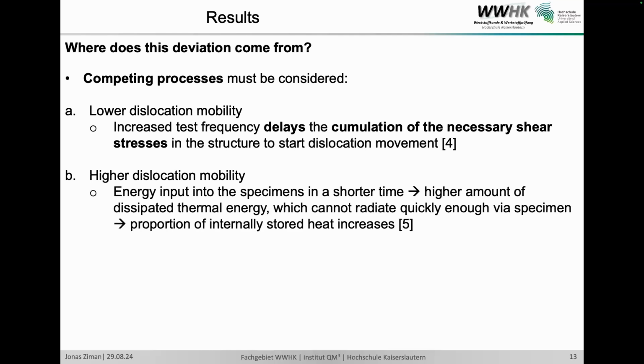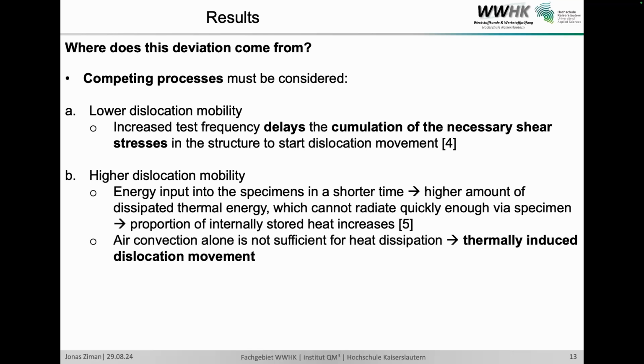Because we have this huge energy input into the specimen in a shorter time with an increased testing frequency, we have a higher amount of dissipated thermal energy, which cannot radiate across our specimens quickly enough. So the proportion of internally stored heat increases, and the air convection itself is not sufficient for the heat dissipation. So we have thermally induced dislocation movement.